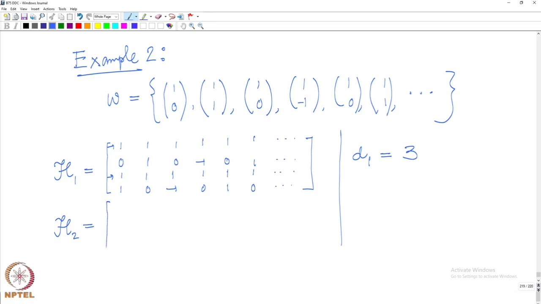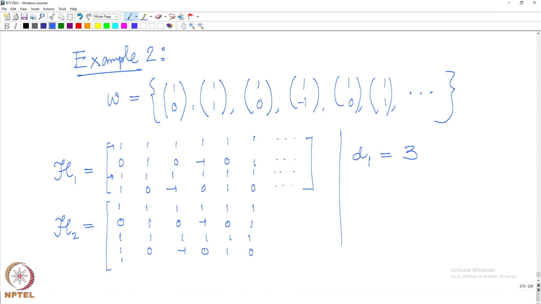H 2 is going to be size 6. So, 1 1 1 1 1 1 0 1 0 minus 1 0 1 1 1 1 1 1 1 again, then 1 0 minus 1 0 1 0 again.